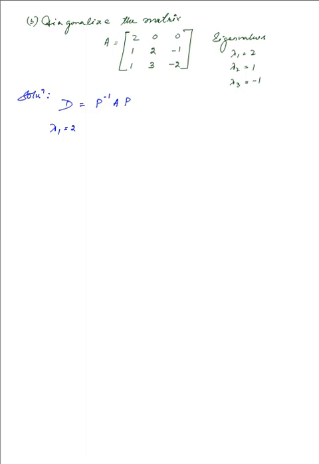So we have that to give us 2 minus lambda I, which is 2 minus 2, 0, and this is 0, this is 0 as well, and 1, 2 minus 2 again for lambda 1 is equal to 2, that is equal to 0, minus 1, 1, 3 minus 2 is going to give me minus 4. If you can't really follow this, you can refer to the previous question for your understanding.